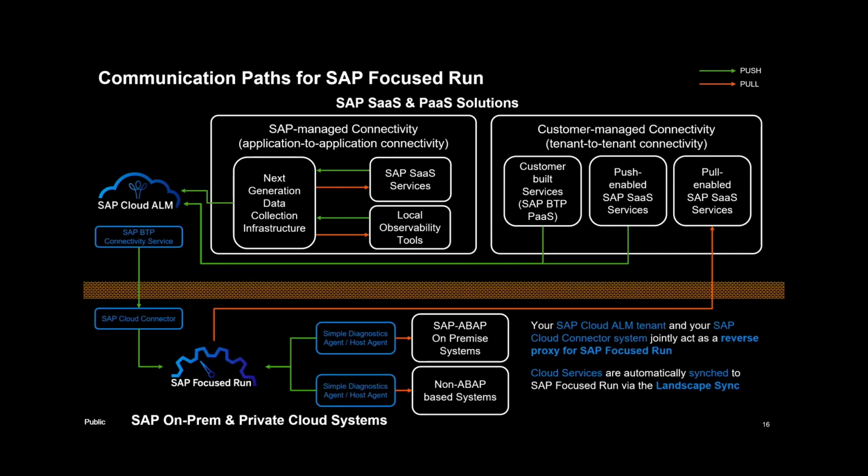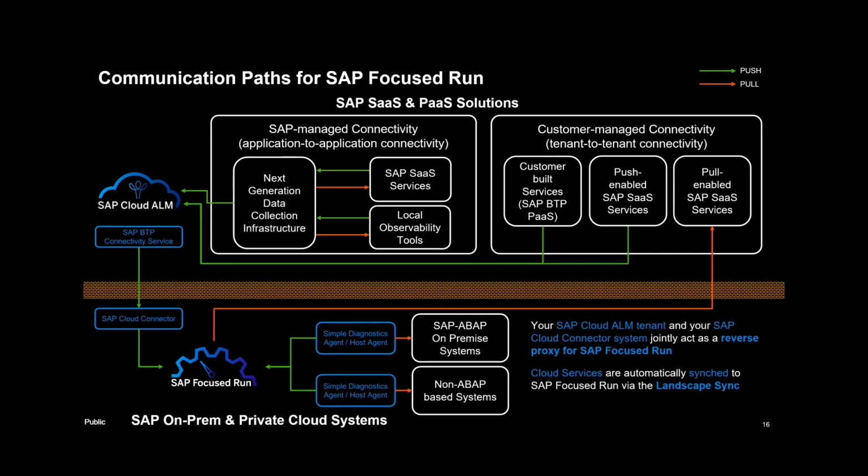What I also have here, a bit of a detour, but I think it's important, is our communication paths for Focused Run. Why is it important? Because you see that's Cloud ALM, and we use it as a reverse proxy.